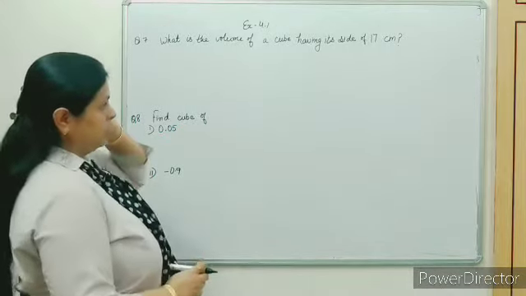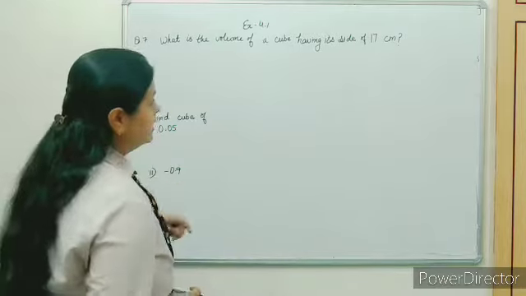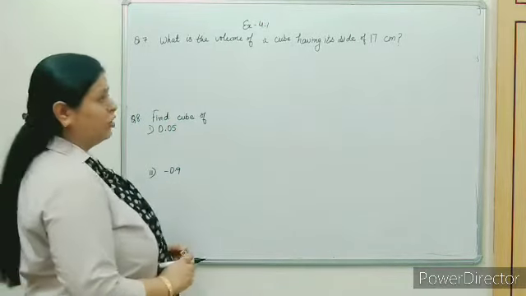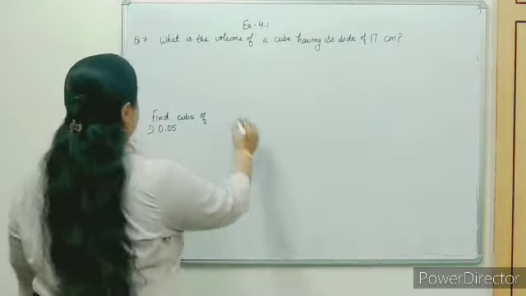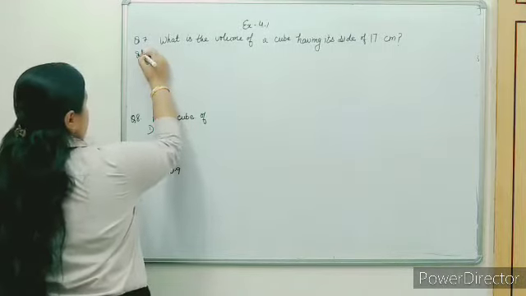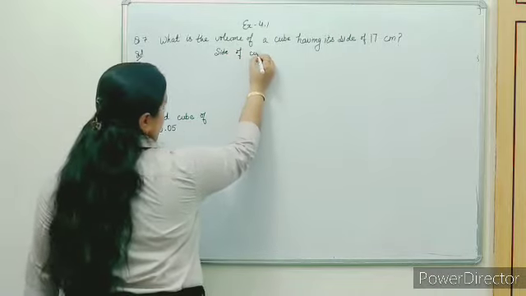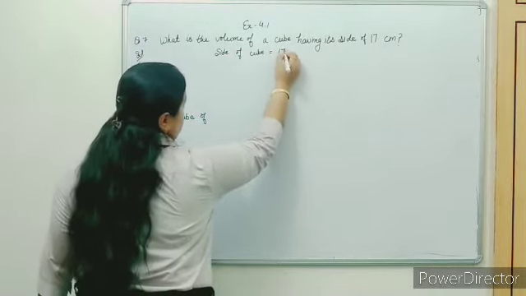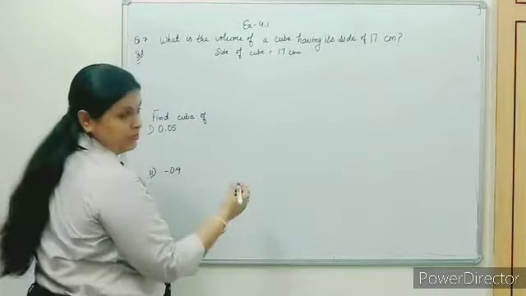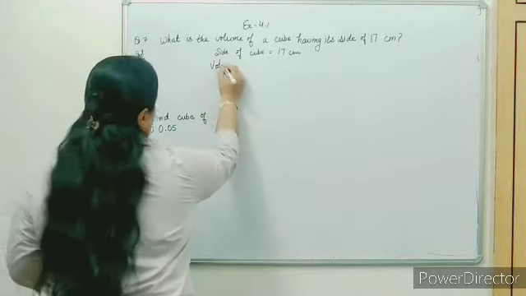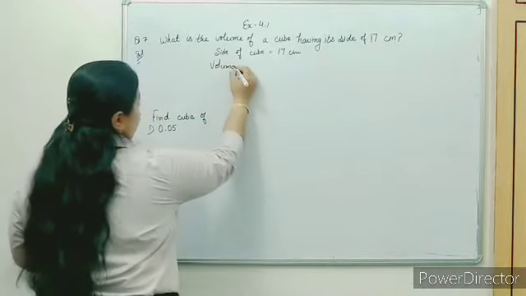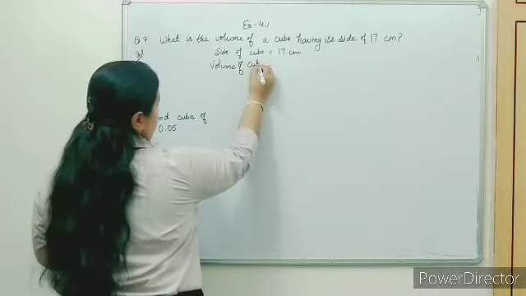Question number 7. What is the volume of a cube having its side of 17 centimeter? You have to find the volume and its side is 17 centimeter. So the solution will be: side of a cube is 17 centimeter. We have to find volume. So how to find the volume of a cube?